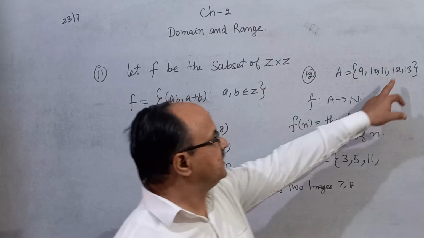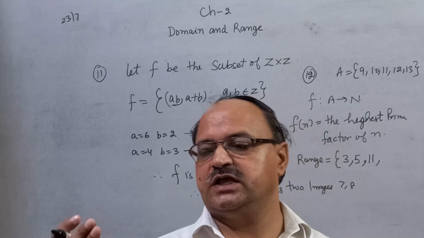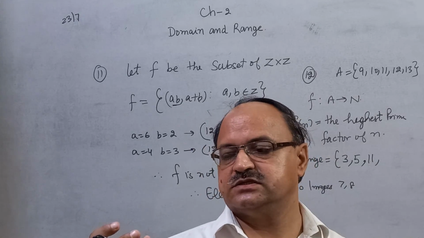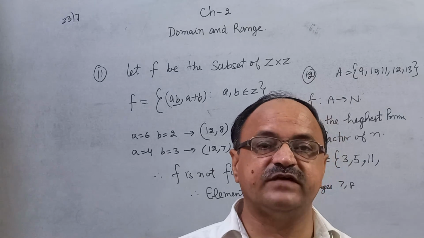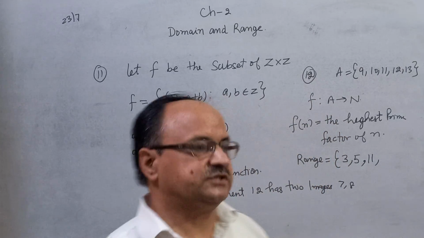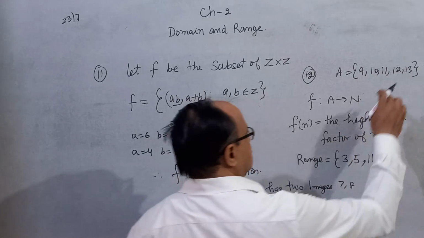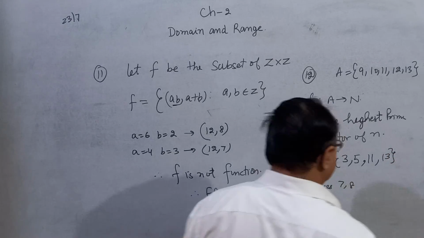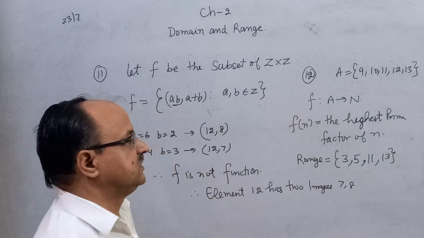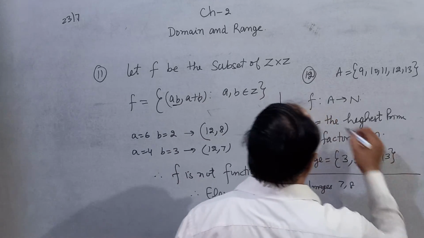The factors of 12 are 1, 2, 3, 4, 6 and 12, but the highest prime factor is 3, which is already in the set. And 13 is also prime. This is the solution of this question. Clear?